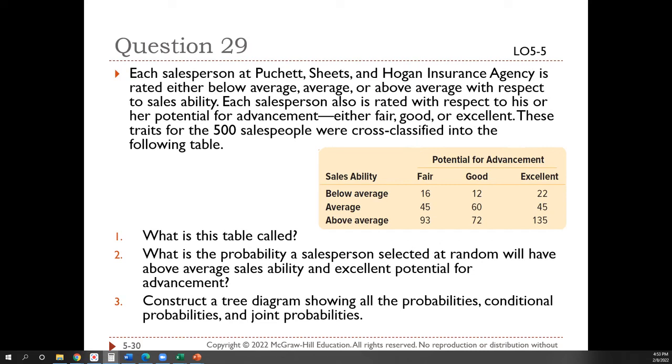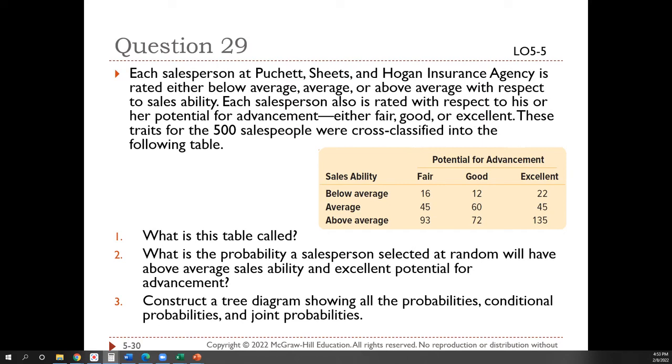Each salesperson also is rated with respect to his or her potential for advancement, either fair, good, or excellent. These traits for the 500 salespeople were cross-classified into the following table. And I gave away number 1 already. What is this table called? Of course, it's a contingency table. Yes. So if you didn't pause before I said that, then oh well on that one.